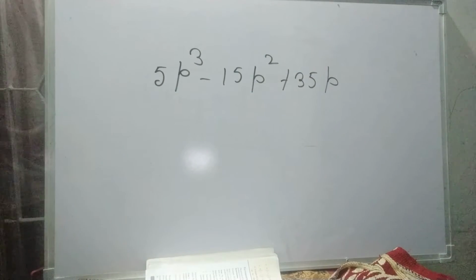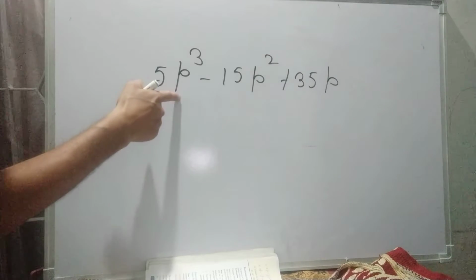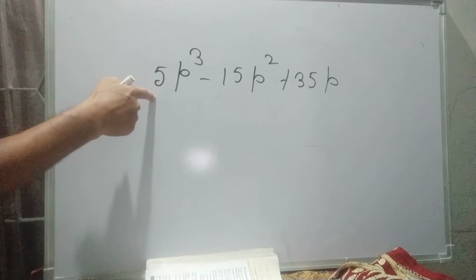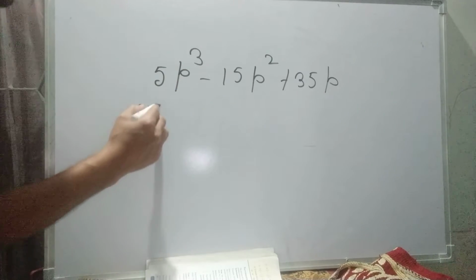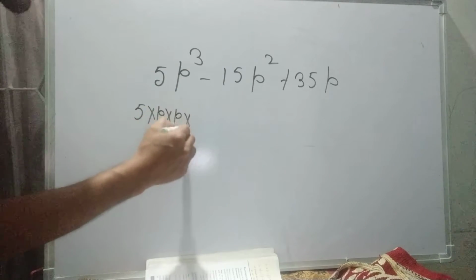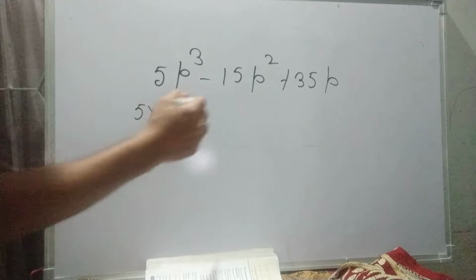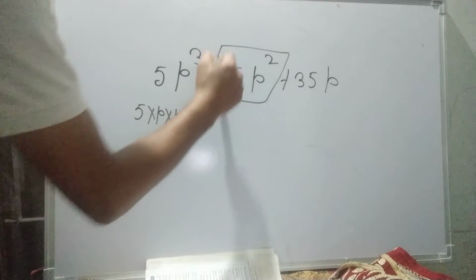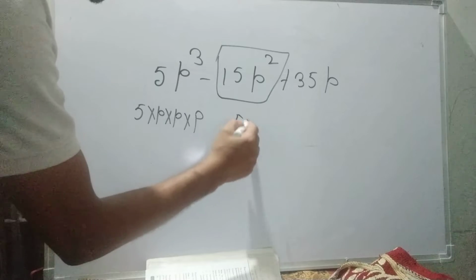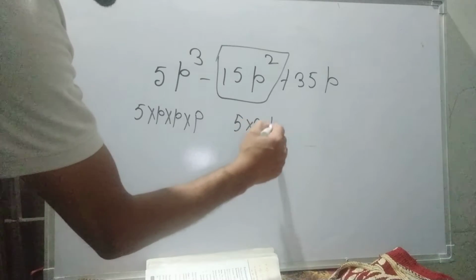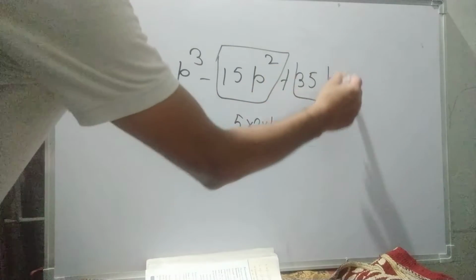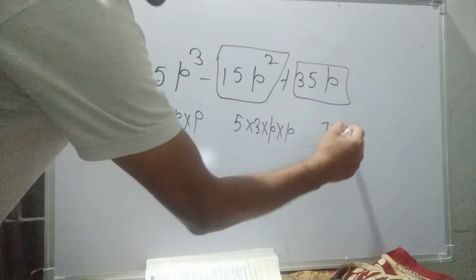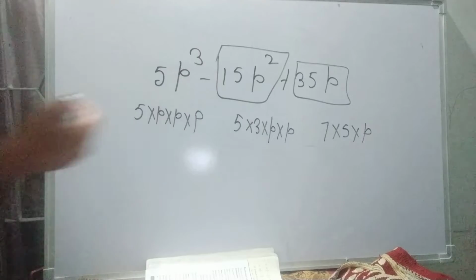How can we factorize this algebraic expression? 5p³ can be written as 5 multiplied by p multiplied by p multiplied by p. Then 15p square can be written as 5 multiplied by 3 multiplied by p multiplied by p. Then 35p can be written as 7 multiplied by 5 multiplied by p.